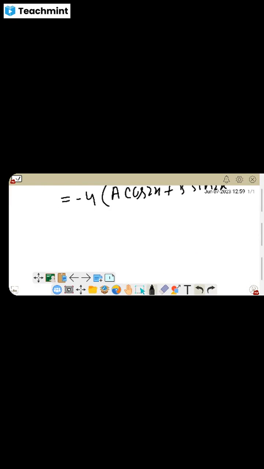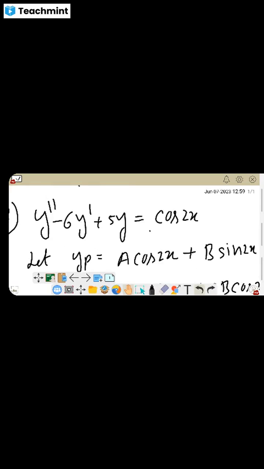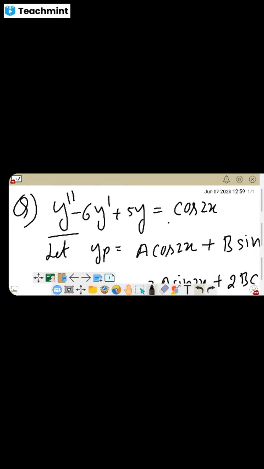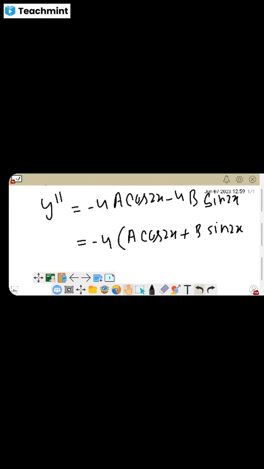Here in this equation we are using a value of y double dash. You can see this is the same as y, taking this minus 4 as common.